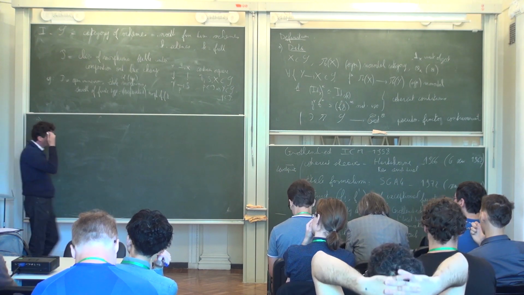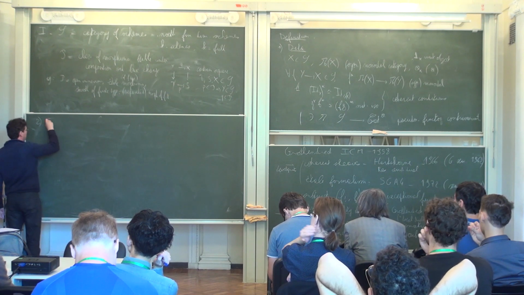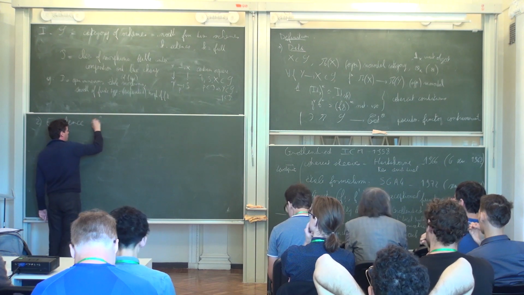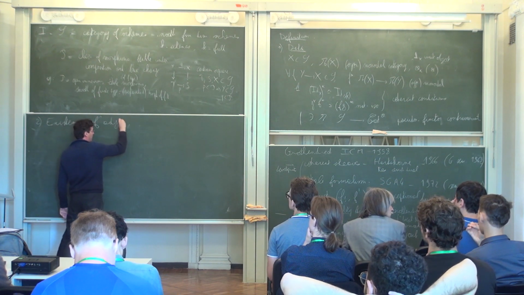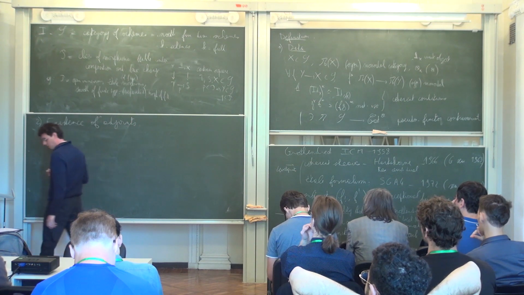So now we have some properties of this data. And these are existence of adjoint functors.